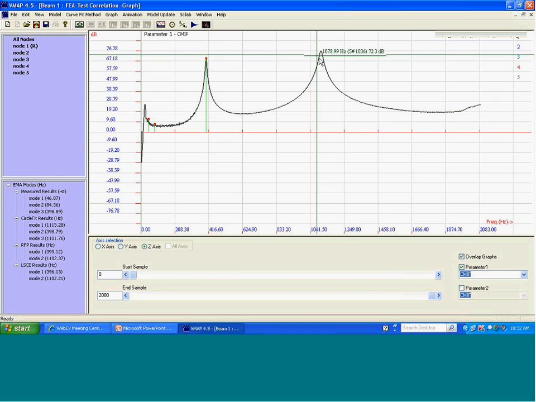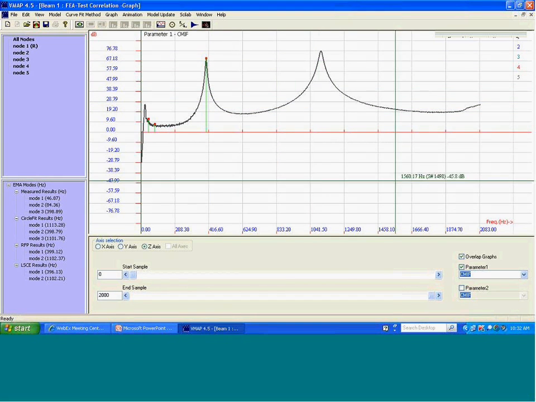This shows the complex mode indicator function. It has picked up 3 resonance frequencies.